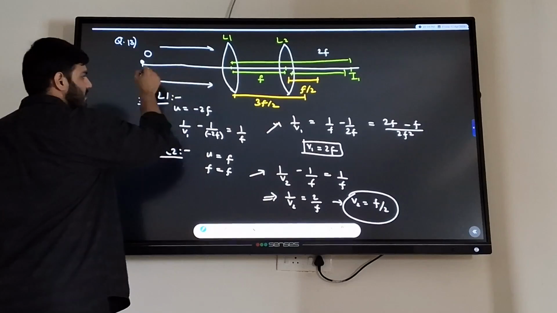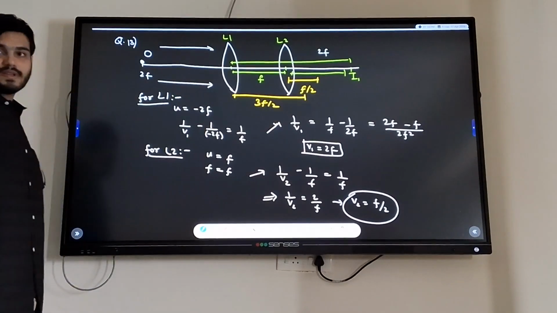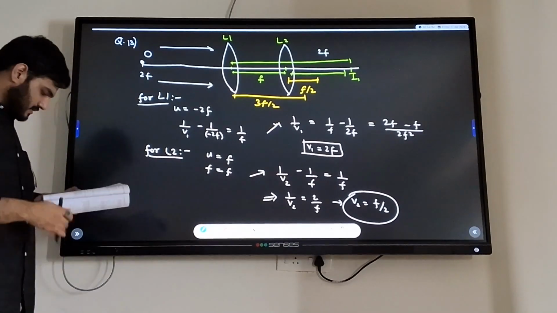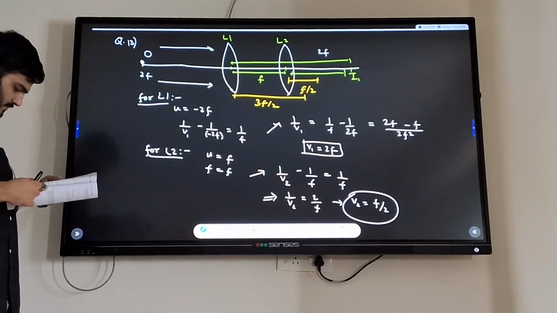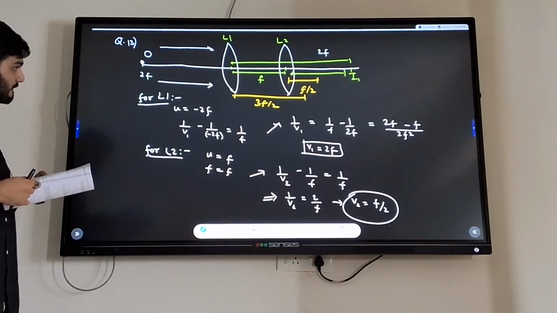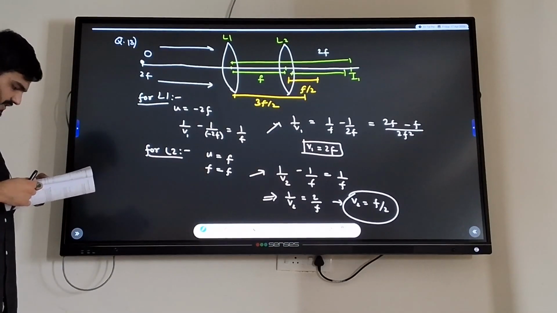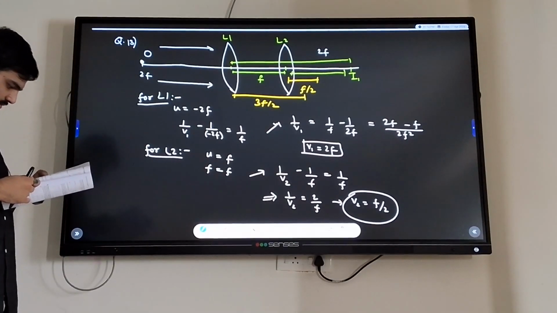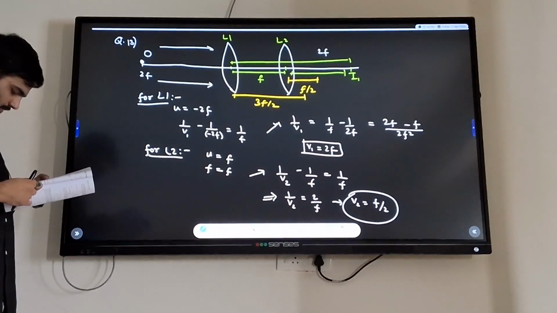And this is how much? 2F. So can you do the calculation? They are asking what is the lateral magnification? 3F by 2 divided by 2F.